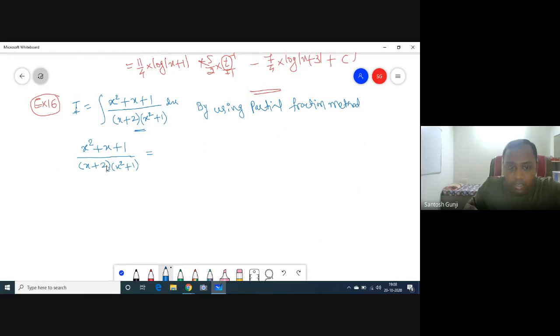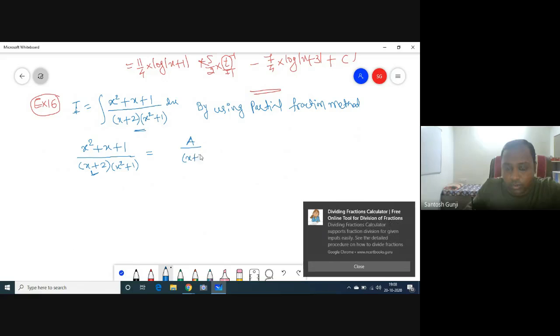Then since the first factor is linear in nature, we'll take the constant in the numerator as a upon x plus 2. And since the second factor is quadratic in nature, we'll take a linear function as the numerator.